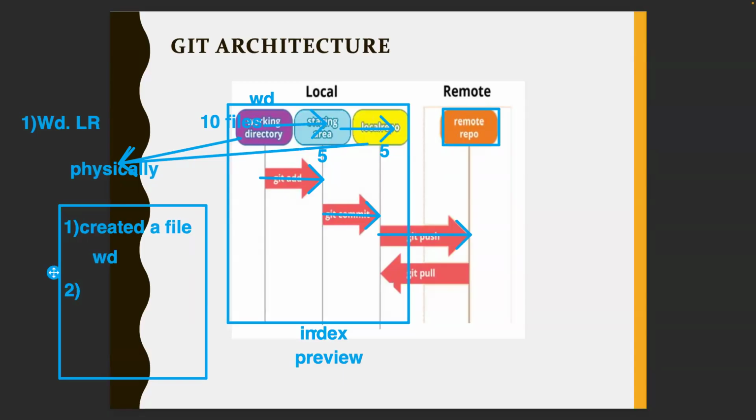After creating or copying from some other location, if you run the command git add, it is said to be in the staging area. After adding it, if you commit those changes with this command, then it is said to be in the local repository. It is in the same physical directory. That's how logically it is different.